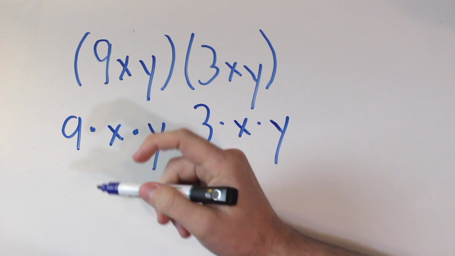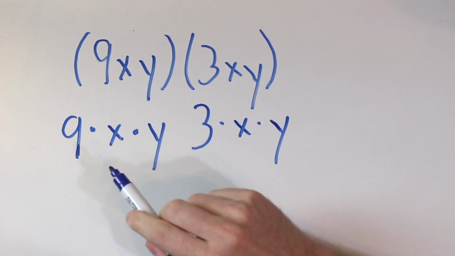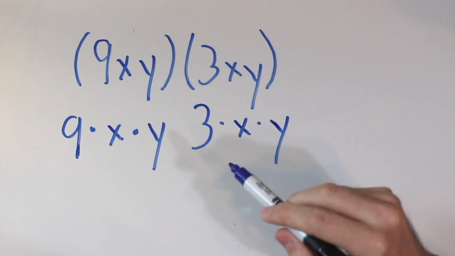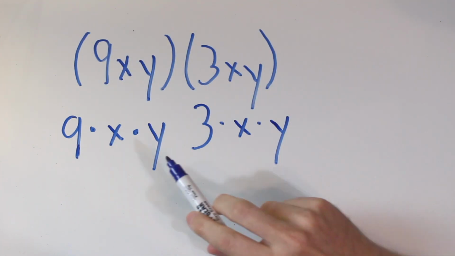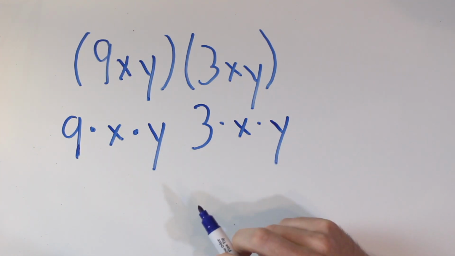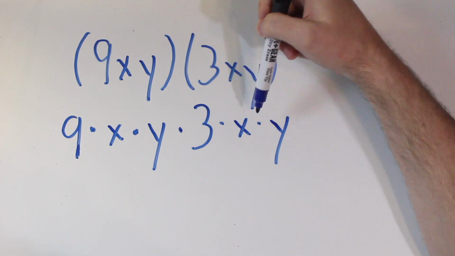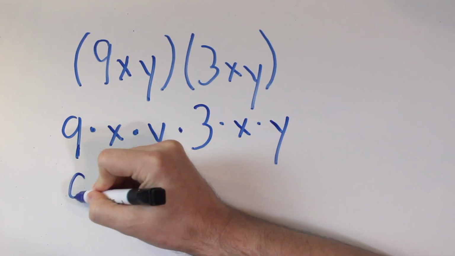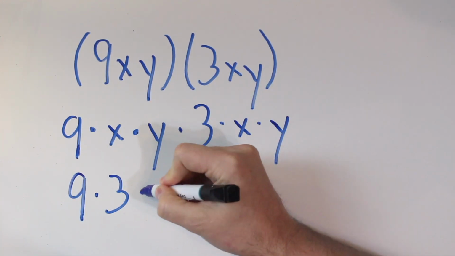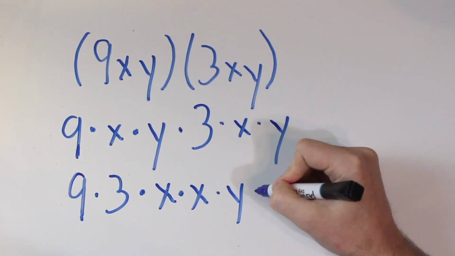Now, using the commutative property of multiplication, which is just a fancy way of saying that you can move the numbers and variables around, let's group the constants together and the different variables together. 9 times x times y times 3 times x times y becomes 9 times 3 times x times x times y times y.